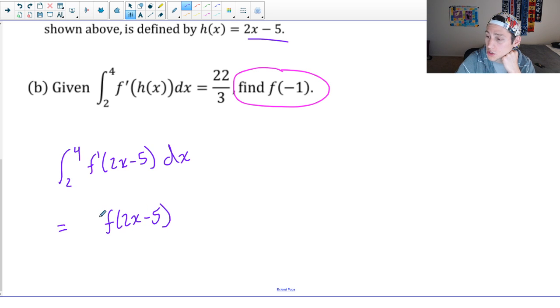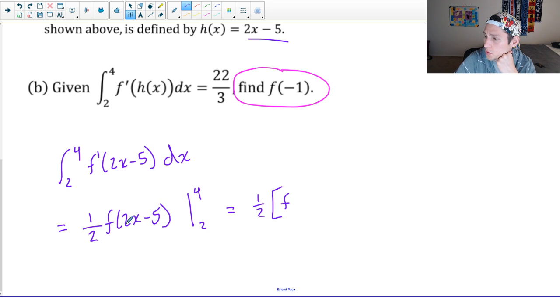Well, that derivative is 2. So I should have a 1/2 in front to help cancel it out whenever I would do the chain rule, taking the derivative. And then from 2 to 4. Right?